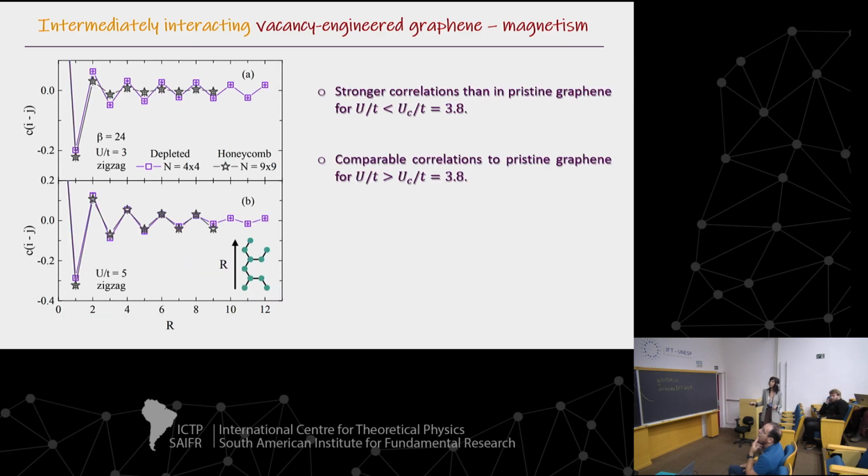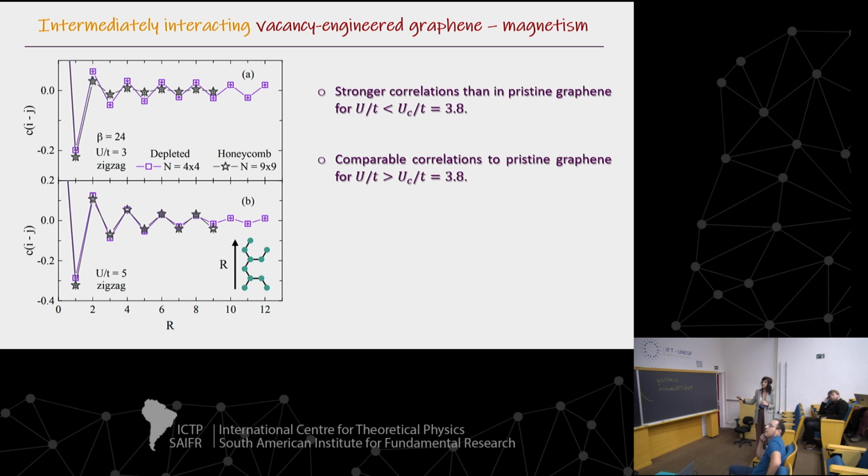Okay, and if you compare with pristine graphene, you see that for U here, 3, smaller than graphene's critical value, the depleted or vacancy-engineered lattice has stronger, more pronounced correlations than in pristine graphene.